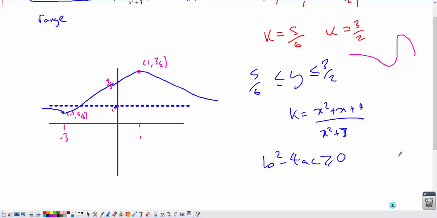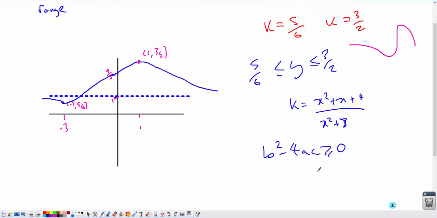It will be a quadratic inequality in k. When you solve it, you find k is greater or equal to 5/6 and less or equal to 3/2. But k is y, so that gives you the range. You can find your range without drawing your actual graph.